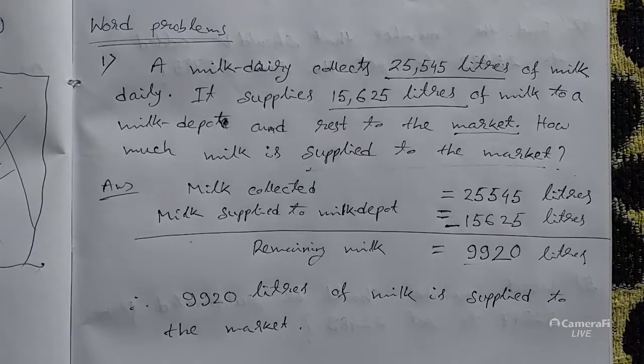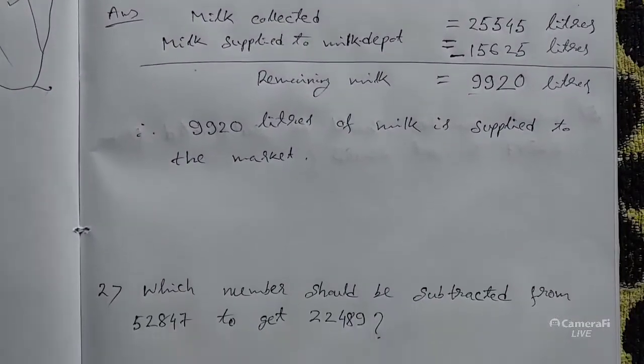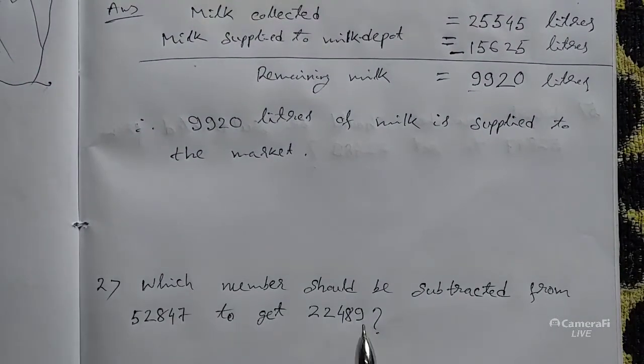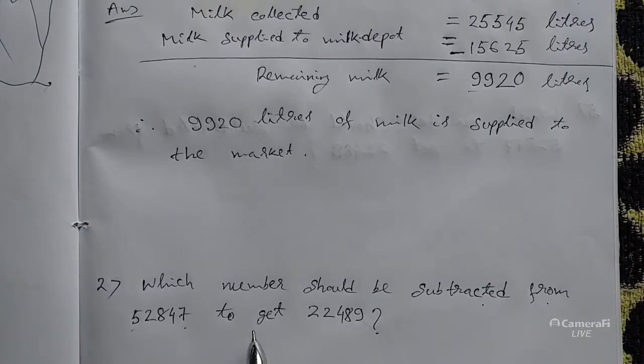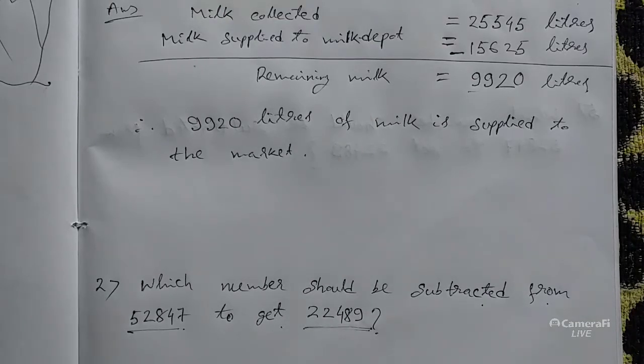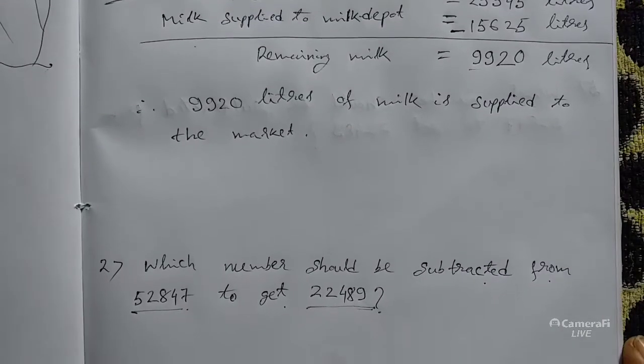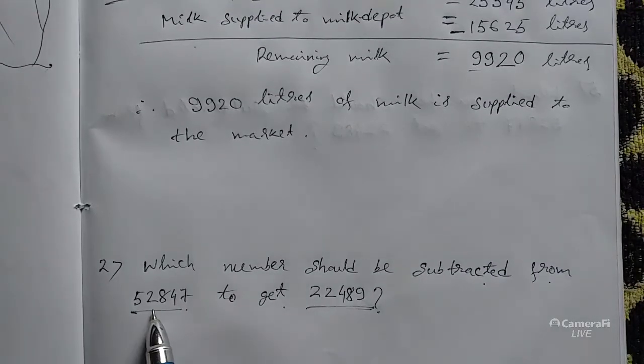Okay, so this is complete. This was an application of subtraction. Coming to the next word problem. Which number should be subtracted from this to get this one? So the required number is subtracted from this number to get this number as a result. What was the number? We can find it by subtracting the result from this number.